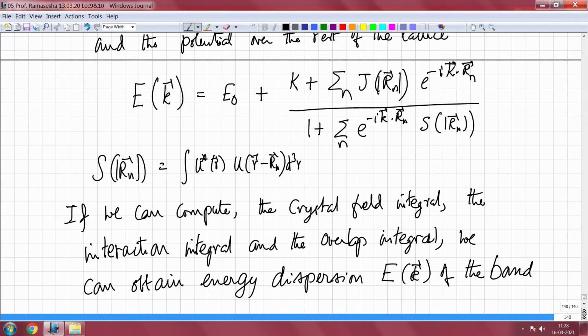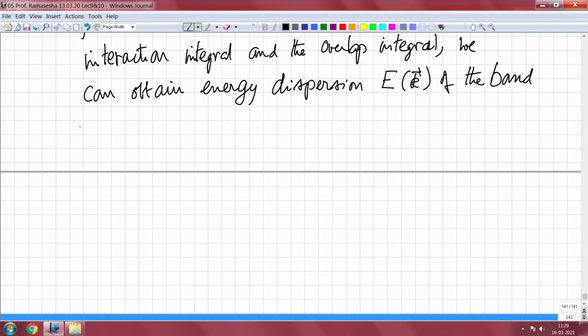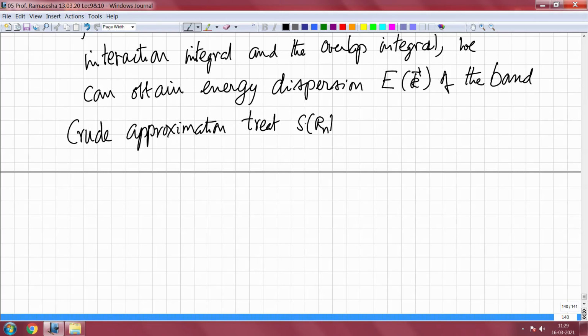In many model calculations, people sometimes take S to be 0. A crude approximation you can do is to treat S of R n, R n not equal to 0, as 0.